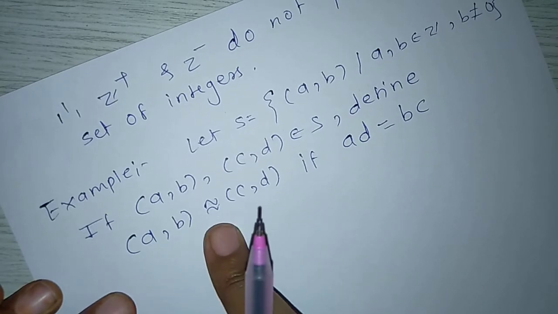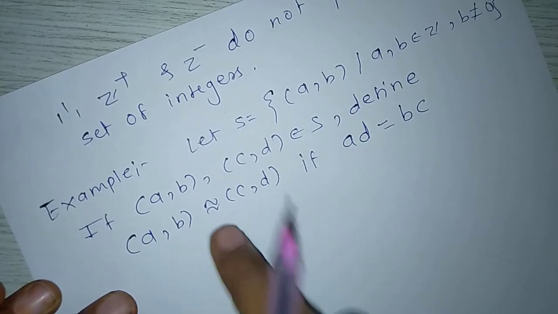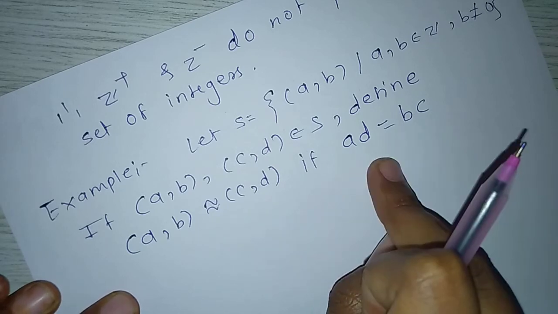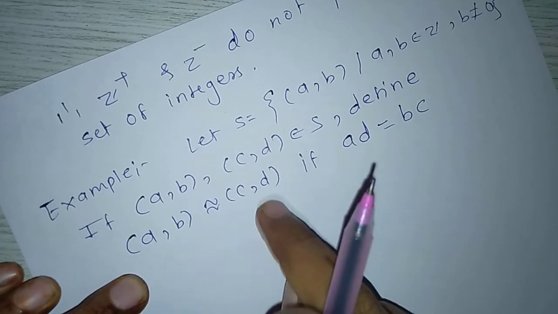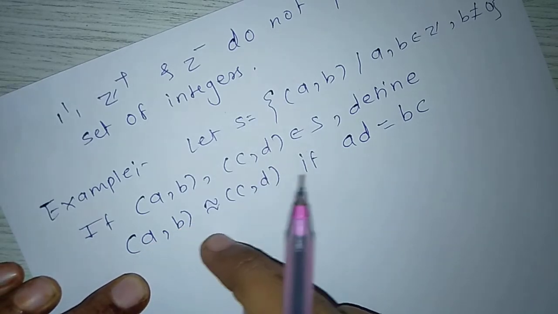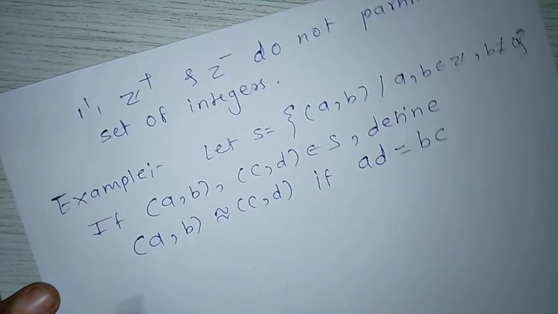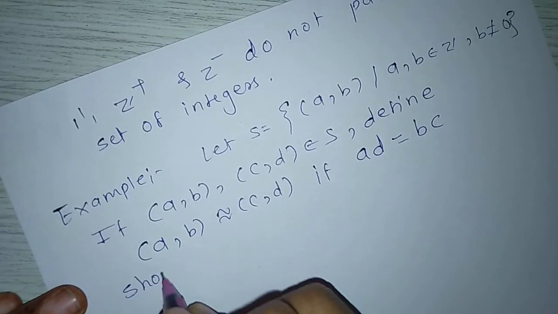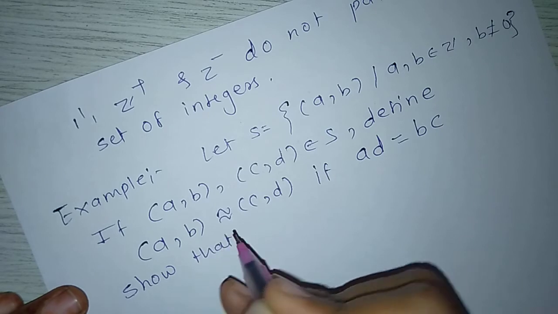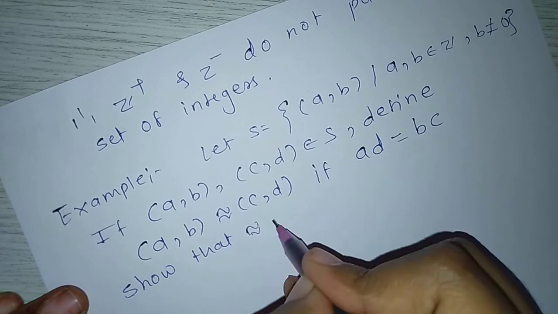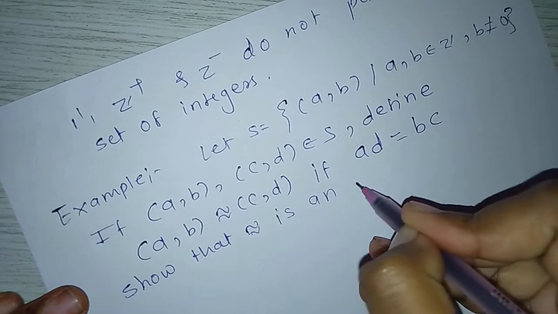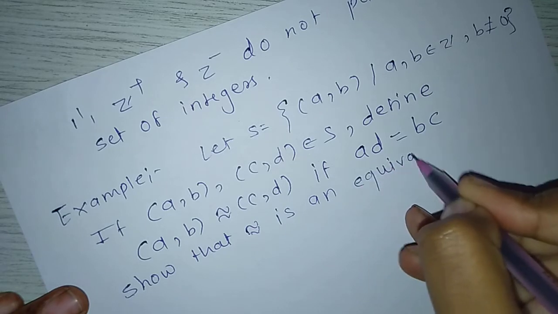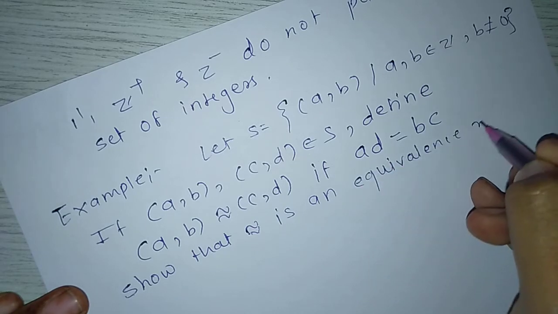This relation is defined as (a, b) similar to (c, d) if a into d equal to b into c. Show that similar is an equivalence relation.